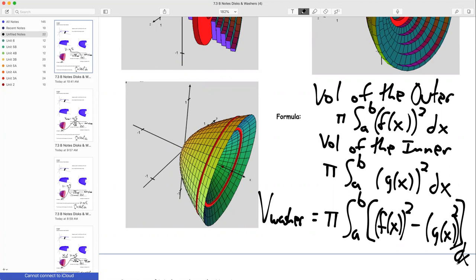So you take your top equation, square it. You take your bottom equation, square it. Subtract those two things, and that will give you the volume. Then integrate it and multiply by pi, and that will give you the volume of the solid generated by rotating it about the axis. Okay, so let's look at an example.